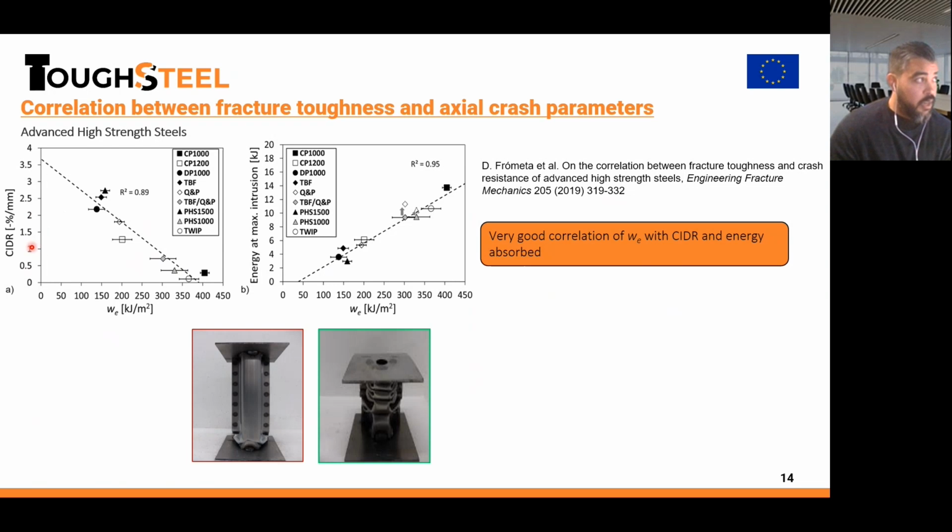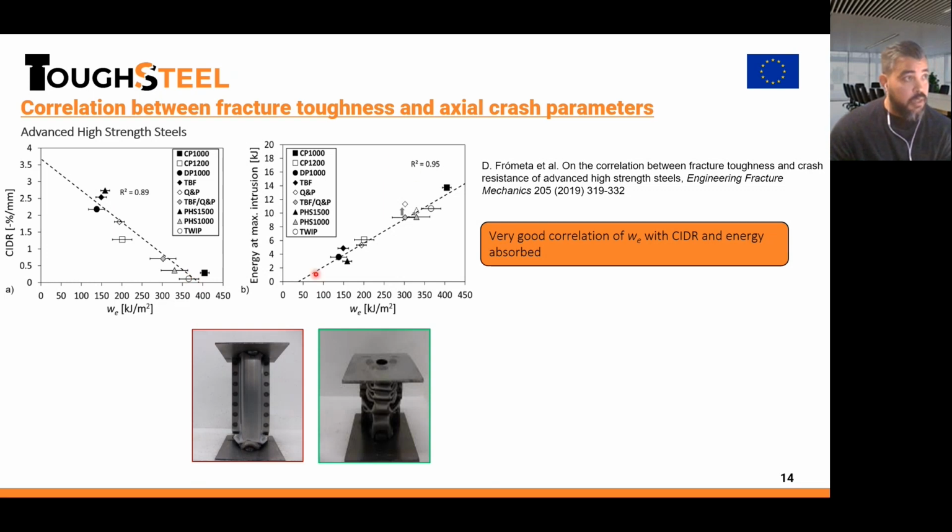Remember that the lower this decrease rate, the better the crash performance, because it means that the crack propagation is slower. So it is desirable to have a low crash index decrease rate. The trend here is that tougher materials with higher toughness show a much better overall fracture performance.